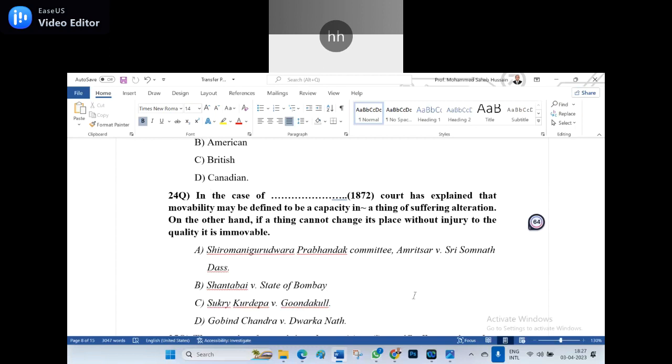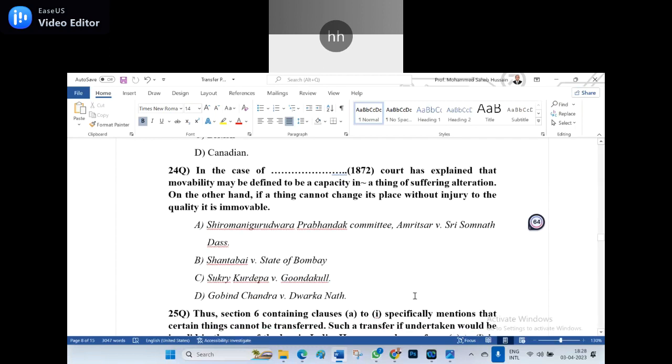A. Shiromani Gurudwara Prabandhak Committee Amritsar versus Sri Somnath Das. B. Shantabai versus State of Bombay. C. Sukri Kurdepa versus Gundakul. D. Govind Chandra versus Dwarkanath.